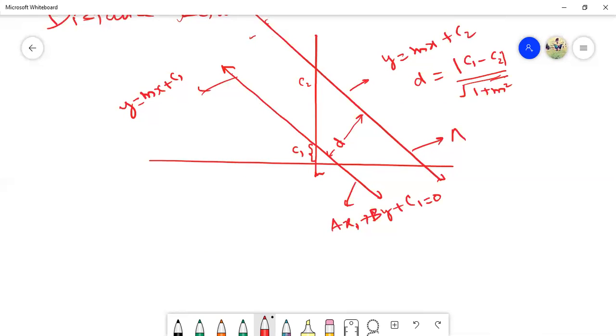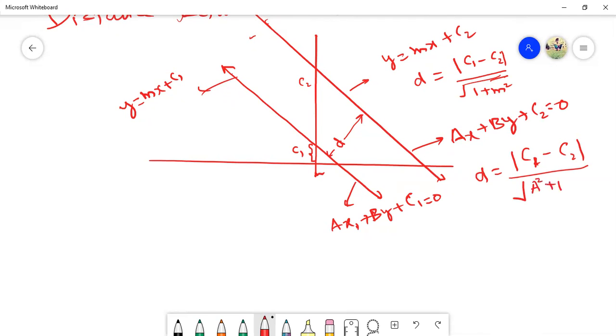So the next equation will be ax + by + c2 = 0. Only c1 and c2 will be changed. Then the distance d can be calculated directly as |c1 - c2| divided by the square root of a square plus b square.